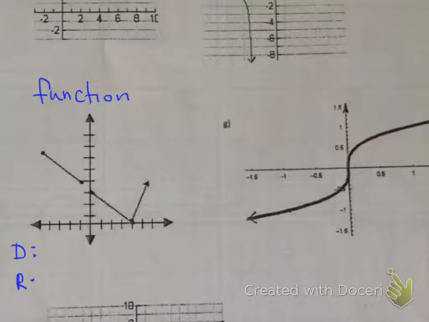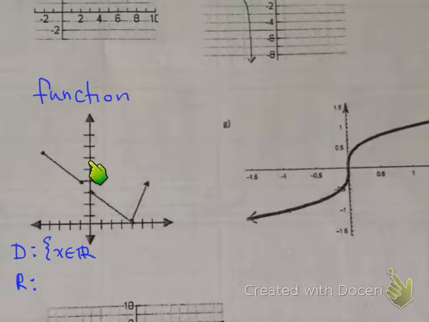So, domain is going to be, how far left do we go? Well, it stops at a specific point. What point is that? We can assume it's a unit scale when there are no numbers given. So, it goes from -5. Now, this is weird because it starts at -5 and then it ends at -1.